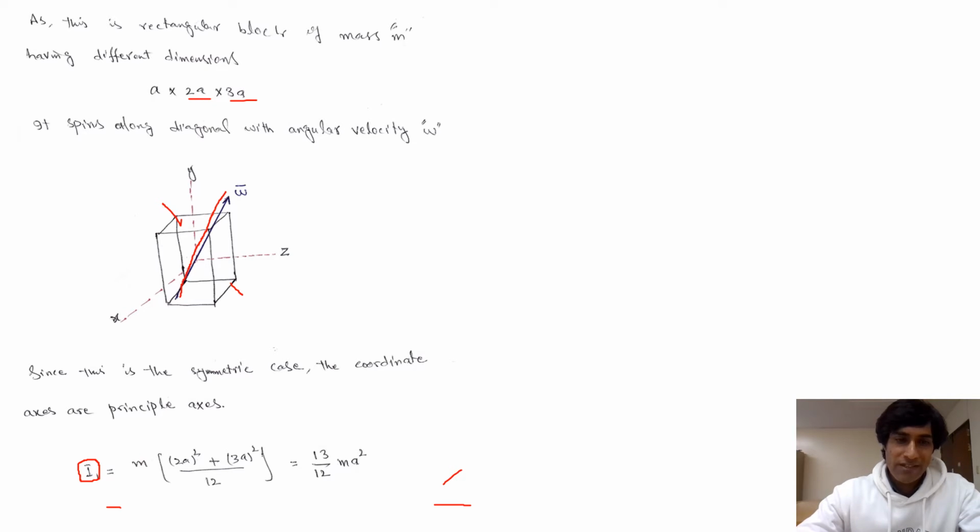We can say this is b square plus, based on the formula mentioned in table 8.3.1, this is c square in other words. Its simplified value is 13 divided by 12 ma square. So this is the value for I1.